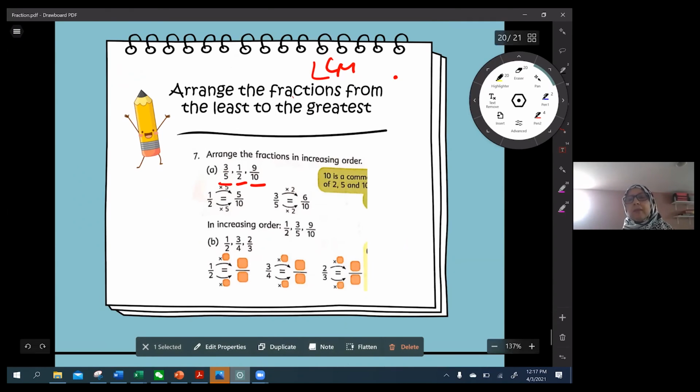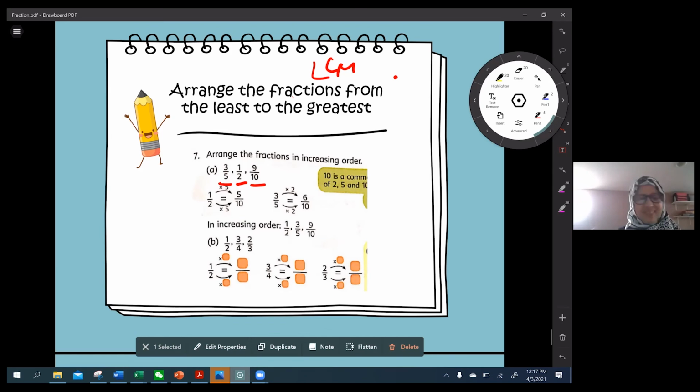So 5, 2, and 10, what's the lowest common multiple? 8. Can you find 8 as a multiple of 5? It's 10. Thank you, you got it. You just got confused for a little while, but you came back right away. Great. Should be 10.